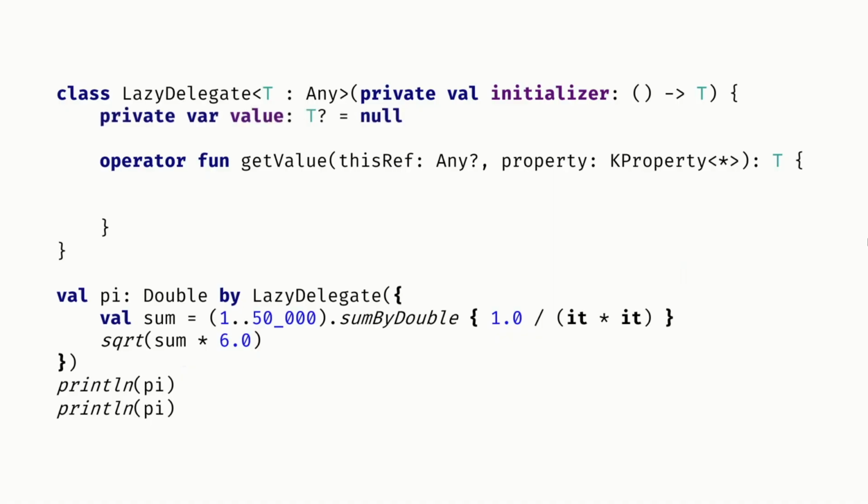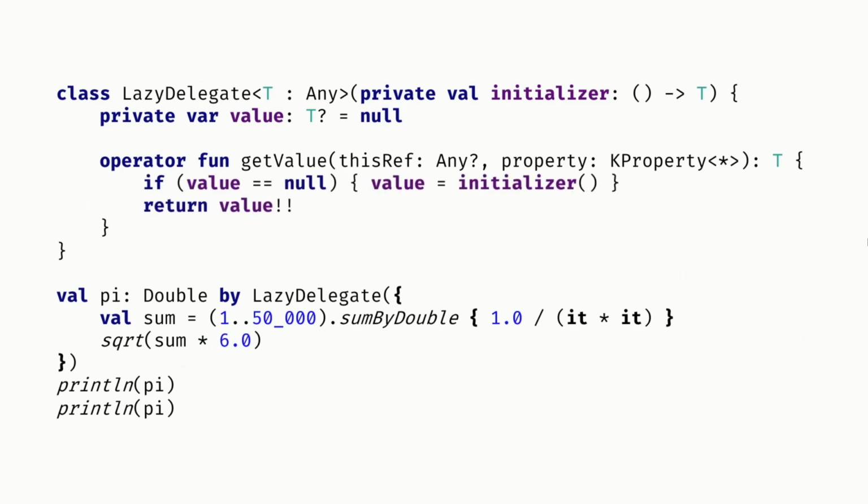Then we have to store state somewhere, and we don't get a backing field like inside custom getters and setters, but we are inside of a class. So for whatever state we need to hold, we can create properties in this class, and I'll just create a nullable property here again, which is null by default. And then inside the getValue function, I can check if this property already has a value.